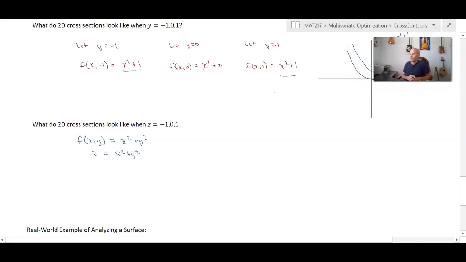And when we plug in -1 for z, we get -1 equals x squared plus y squared. And when we let z equal 0, we get 0 equals x squared plus y squared. And when we let z equal 1, we get 1 equals x squared plus y squared.